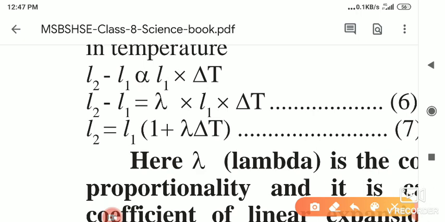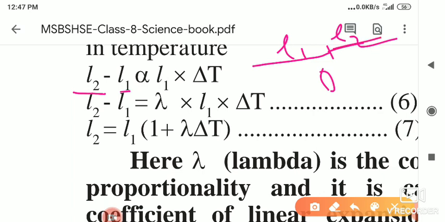So here, when this is a wire and we provide heat to it, its length increases. The increased length is L2 and the previous length is L1, and the change in length, L2 minus L1, is directly proportional to the initial length of the wire into the change in temperature.